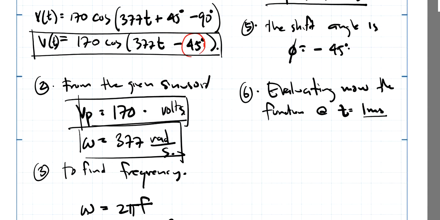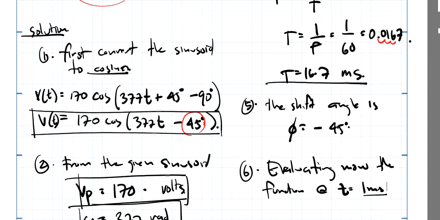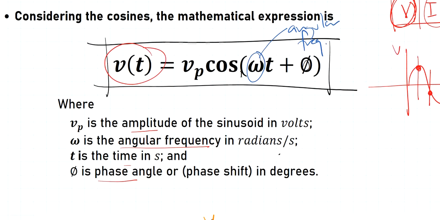Right, so this is milliseconds, and when using this expression, the units must be consistent. This one should be in volts, this one in radians per second, this one per second, and this one, usually given in degrees. Just a couple of notes here.